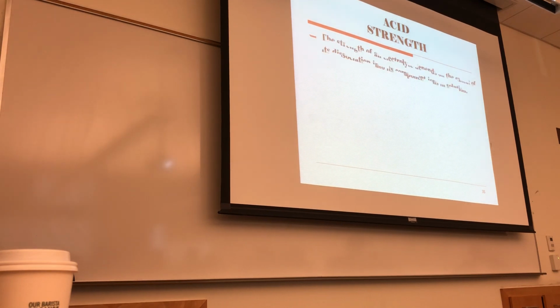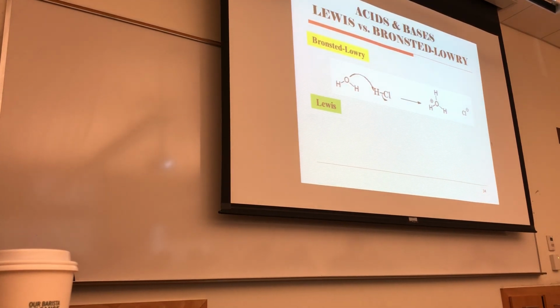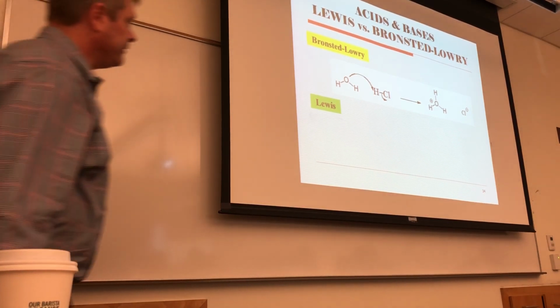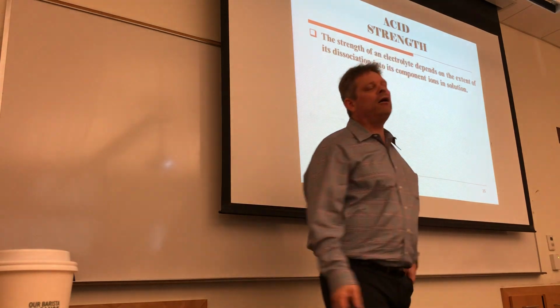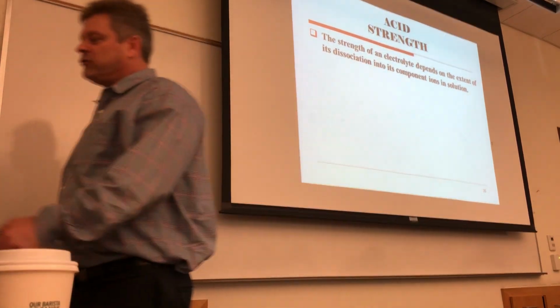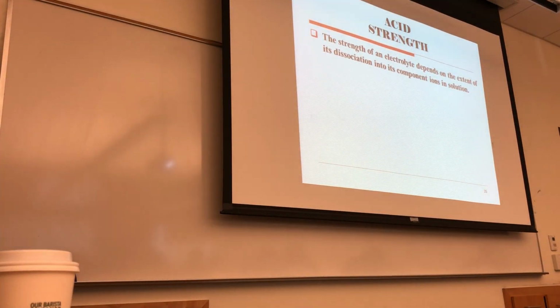All right, now we're going to transition. Now we've defined acids and bases. Now we're going to look at acids and bases as strong or weak, okay? Now we're just looking at those differences here. If you recall electrolytes, you had strong electrolyte, weak electrolyte, non-electrolyte.